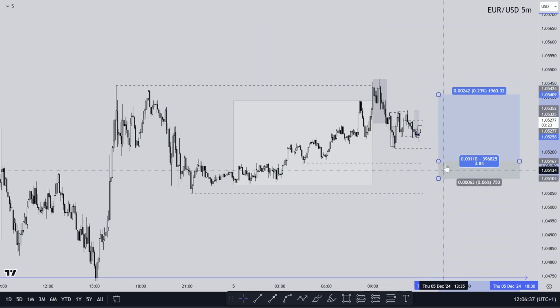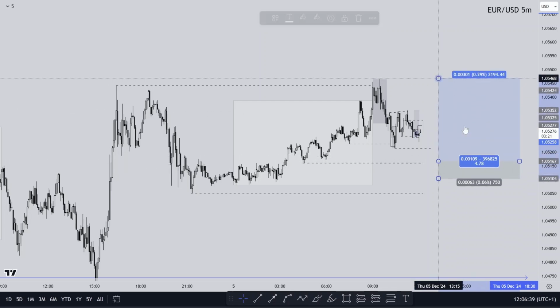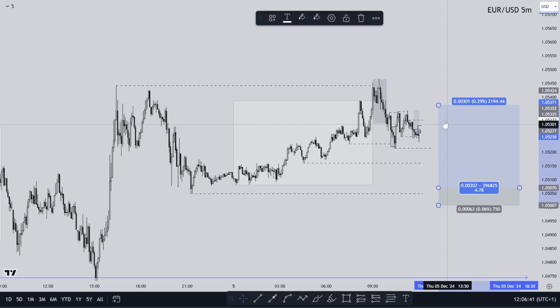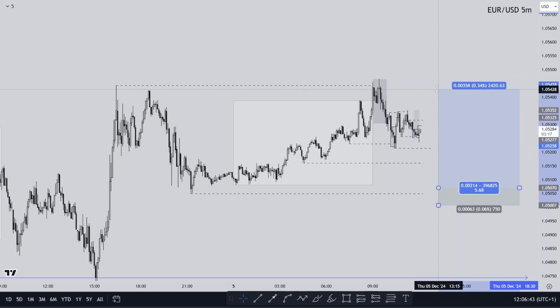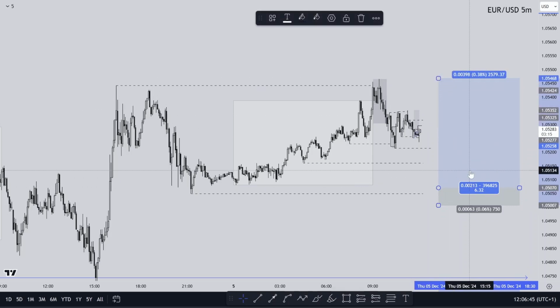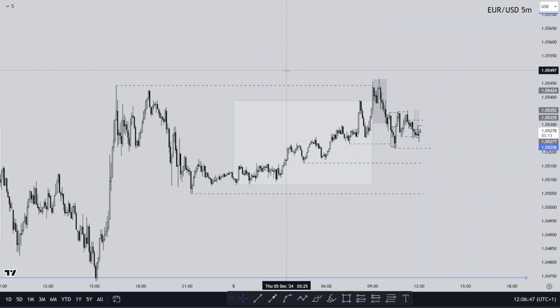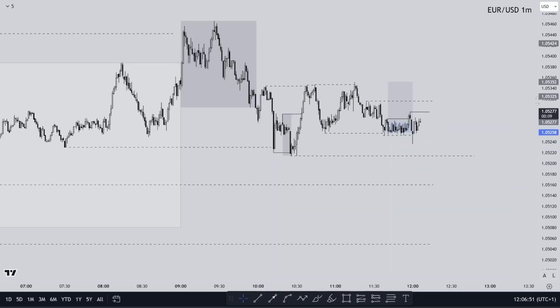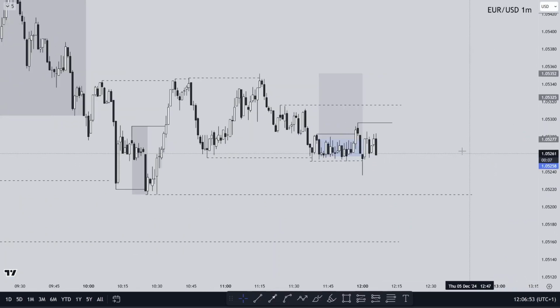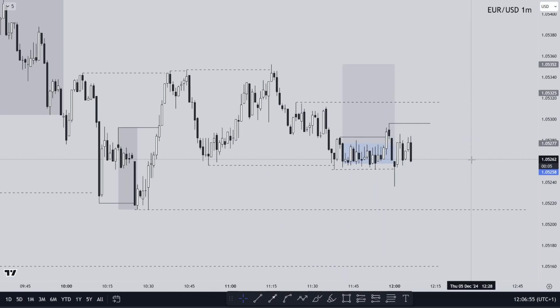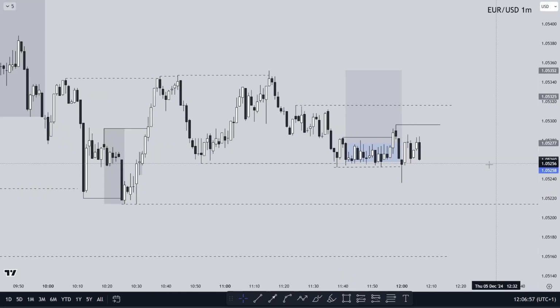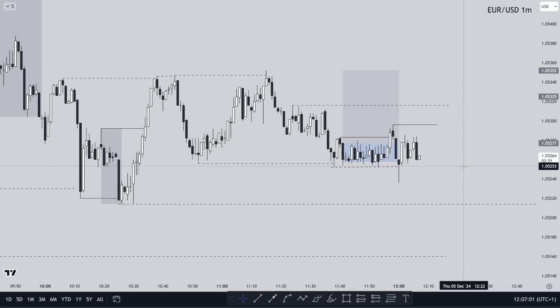If it goes from here, it will be a 5R. If it goes from here, it will be a 6R. So the lower the better for me, of course. So I don't need to rush. But for the moment, nothing special. So let's see what happens.